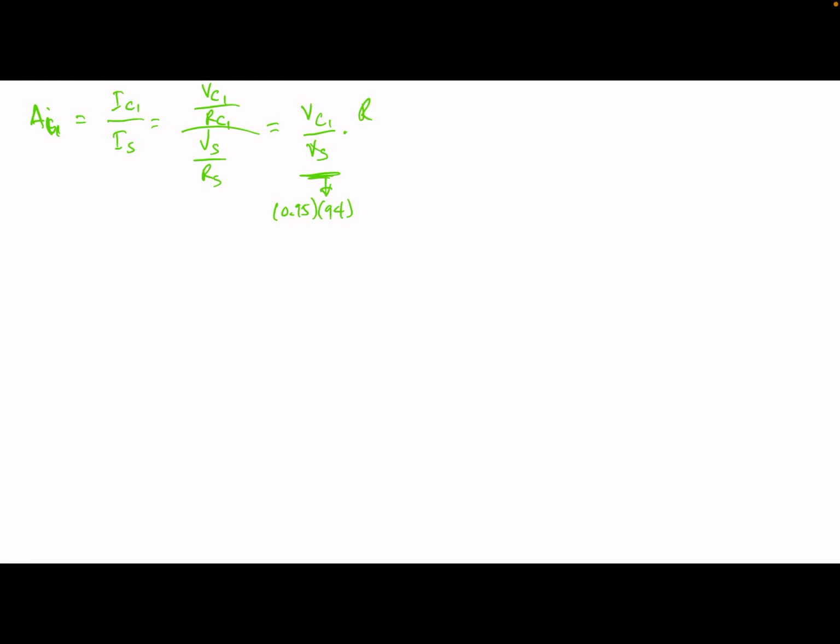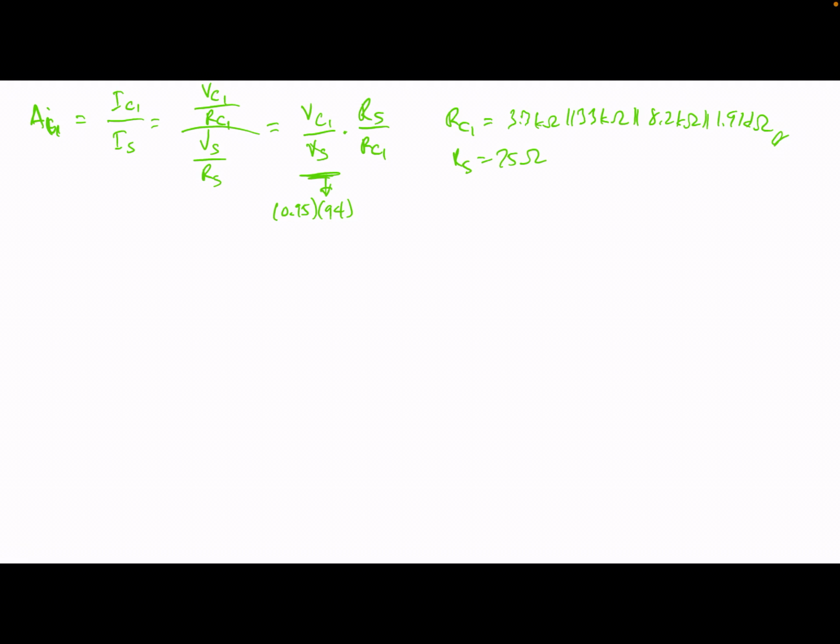Now this becomes RS over RC1, and RC1, as we already know, is 3.3 kilo ohms parallel to 33 kilo ohms parallel to 8.2 kilo ohms parallel to 1.91 kilo ohms. We already solved this before and analyzed why this is the equivalent resistance for RC1. The source resistance is given, it's 75 ohms.